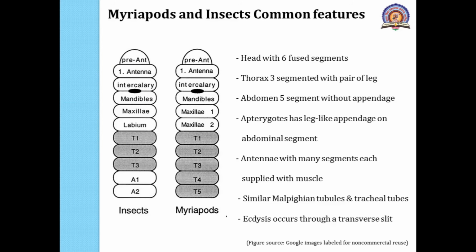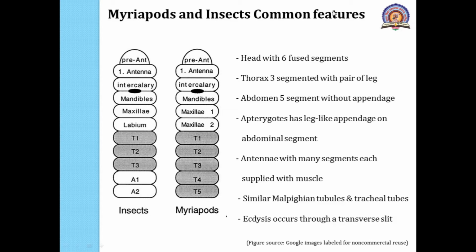The evidence of this can be seen in the fact that the first instar of many diplopod myriapods shows many features which are common to the insects.